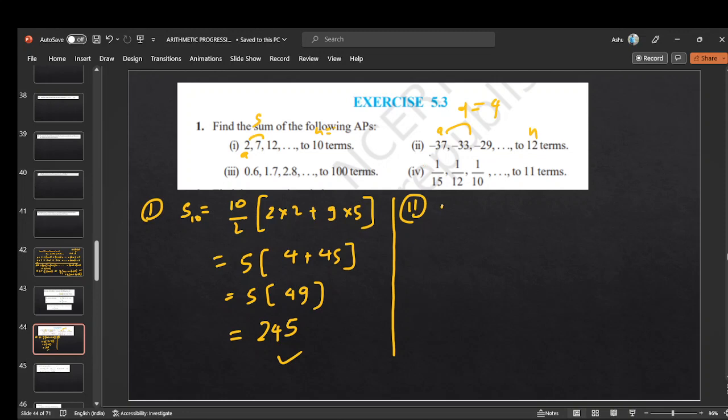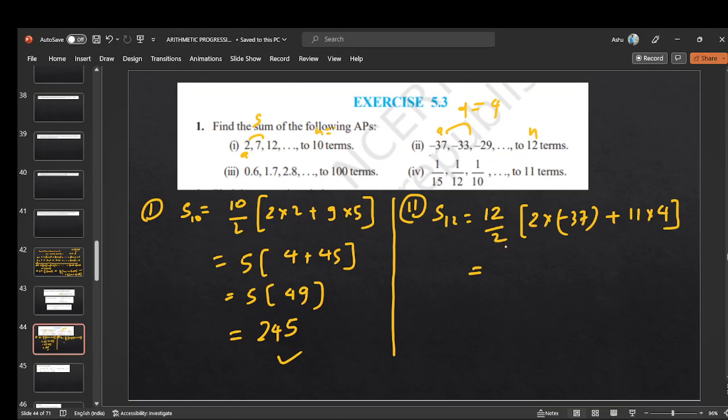Clear? Then S12 is 12 by 2 into 2 into minus 37, plus n minus 1, that means 11, into d, that means 4.